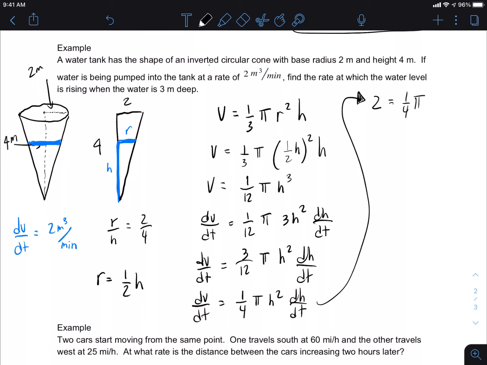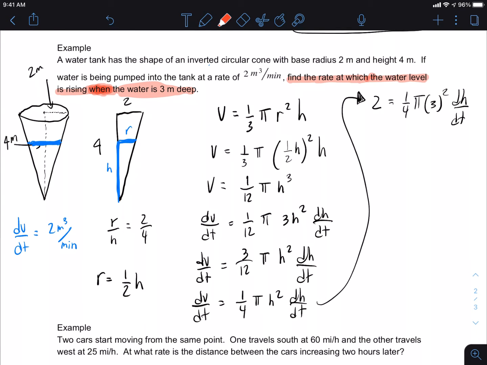So our height here should be 3 squared. The problem says find the rate at which the water level is rising when the water level is 3 meters deep. When is the key word. It's asking us for a specific point in time, when the water is at a height of 3.